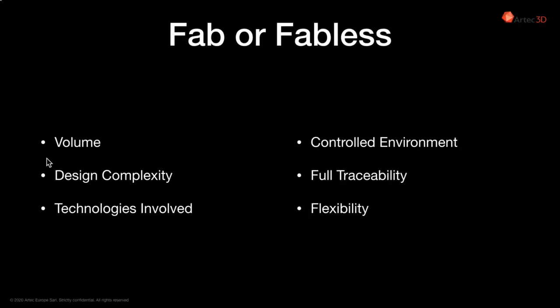Another story, you may have full traceability. I mean, first of all, you have a record of each stage of the production for each serial number of your board. It's very important for automotive, for medical devices, for aerospace and military, but for other complex designs, it may also make sense.